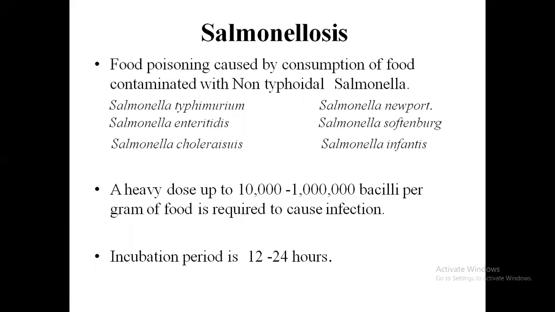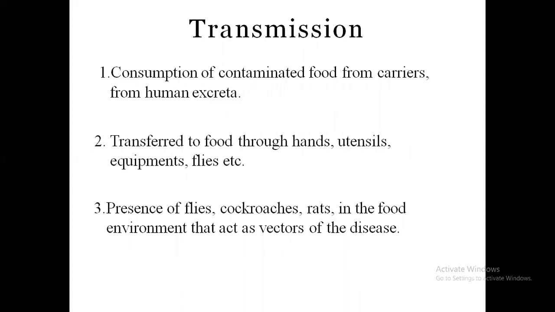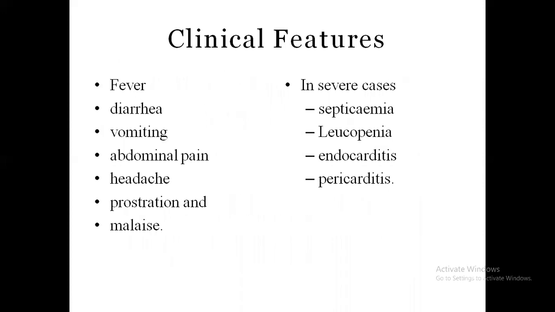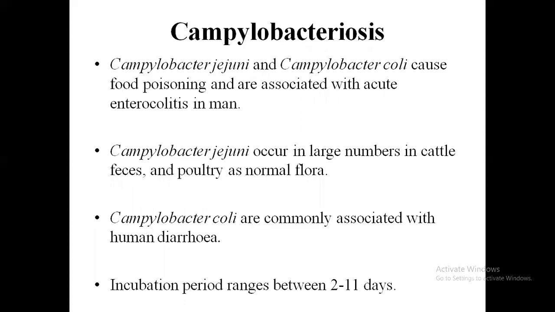For Salmonellosis, a lot of organisms cause it. Transmission is by contaminated food, and the clinical features are almost common. Only in severe cases does it cause septicemia, leukopenia, endocarditis, and pericarditis.